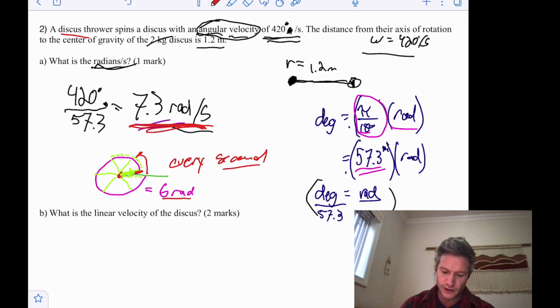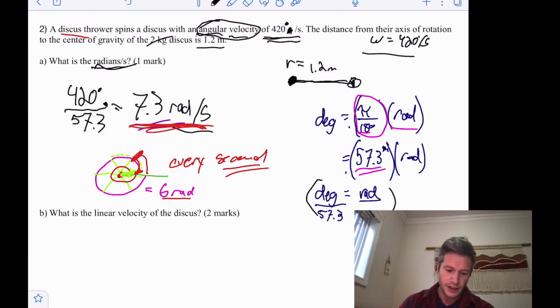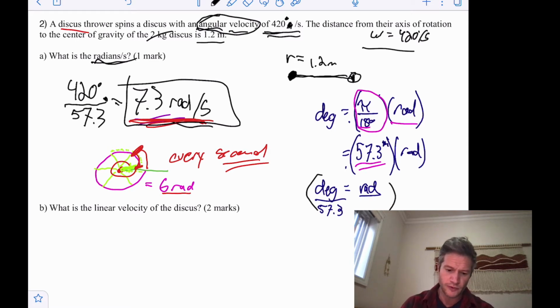So for every unit of time, for every second that passes, they're rotating around that axis 1 and a bit times. Okay, so that's really, really fast. This makes sense if you see a discus thrower or hammer thrower right at the very end of their throws. Okay, so good concept checked. That's our answer there. Okay, so let's keep moving forward.